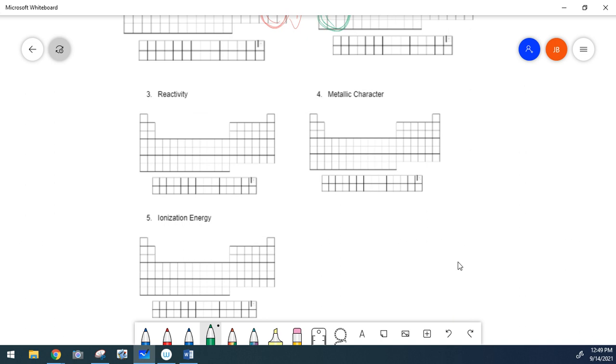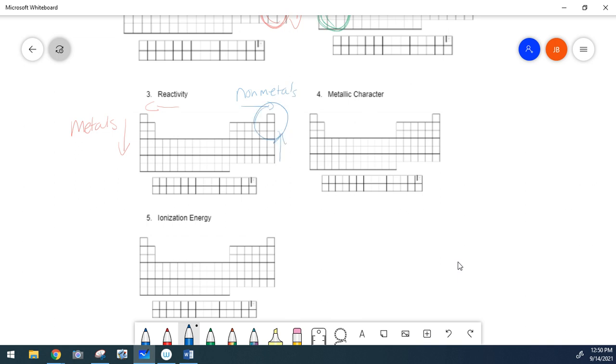Where are the most reactive ones? We did atomic radius. Is it reactivity, electronegativity or? All right, well, let's do reactivity and then we'll do electronegativity too. For metals, where are the most reactive metals? It goes this way and this way. For non-metals, which way does it go? Right. Yeah, this way and this way.